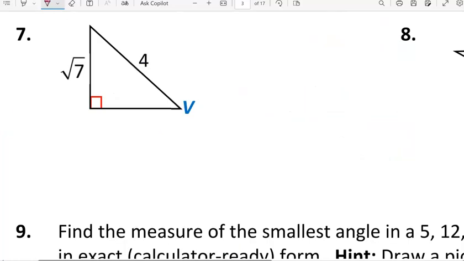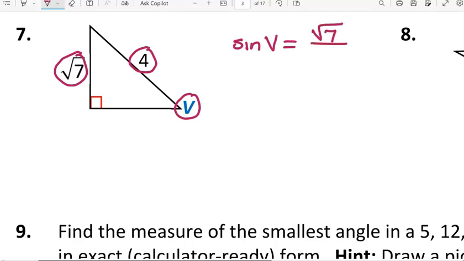In 7, our angle isn't given, but rather it's the thing that we're looking for. And with respect to angle V, the square root of 7 is opposite, and 4 is the hypotenuse. So we are going to use a sine ratio. Sine of angle V is equal to the ratio of the opposite side length divided by the hypotenuse length. And now we have to remember that to undo a sine, you need to use an inverse sine.